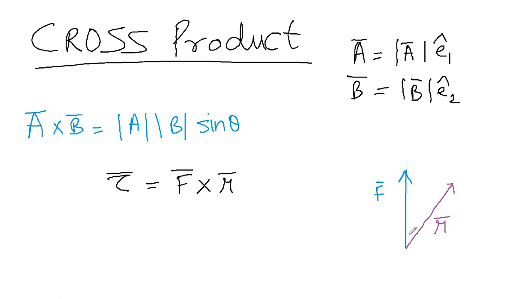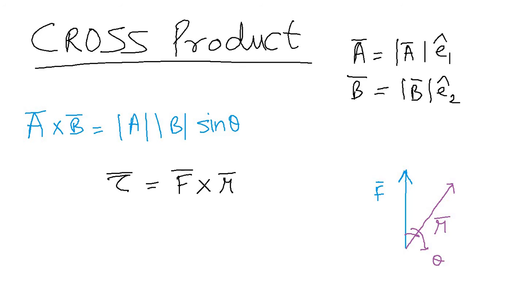and this angle theta is the angle between f and r, then the cross product would be given by a vector which will not be in the plane of this video. It will be in the plane of your computer screen. So it's not easy to find the direction.